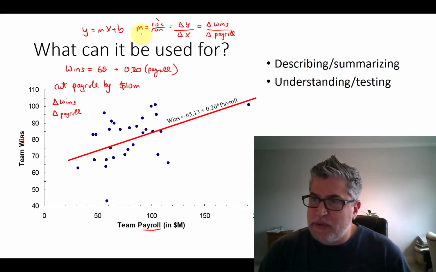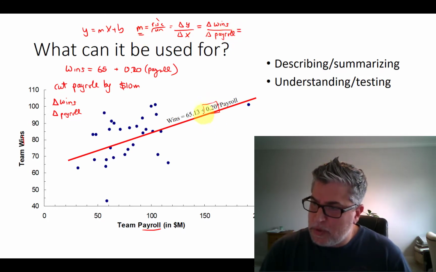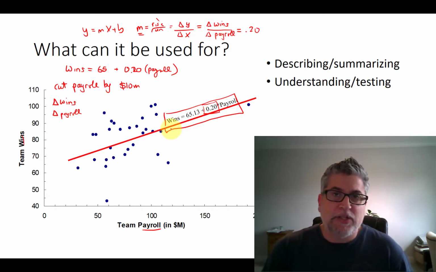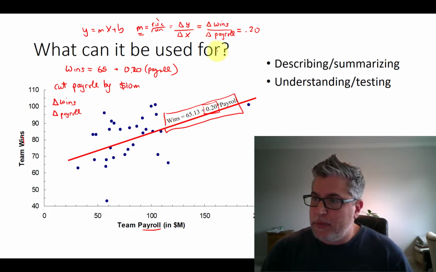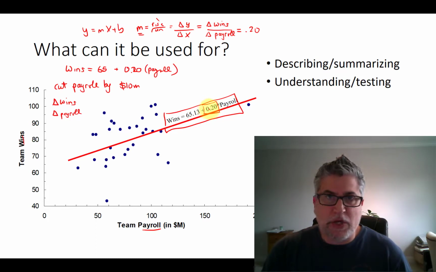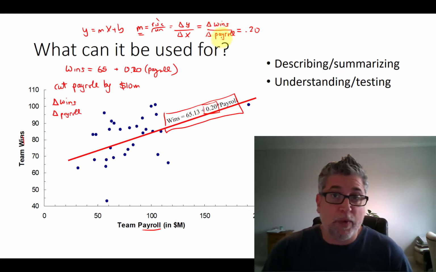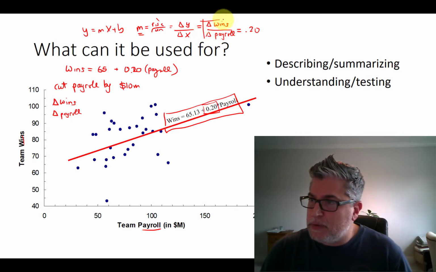And again, that is equal to our slope, which we said is equal to 0.20. All right, so our nice regression equation can answer our question for us. We basically just have to focus in on the slope and remind ourselves what the slope actually means. Rise over run. All right, so let's keep an eye on this guy right there.